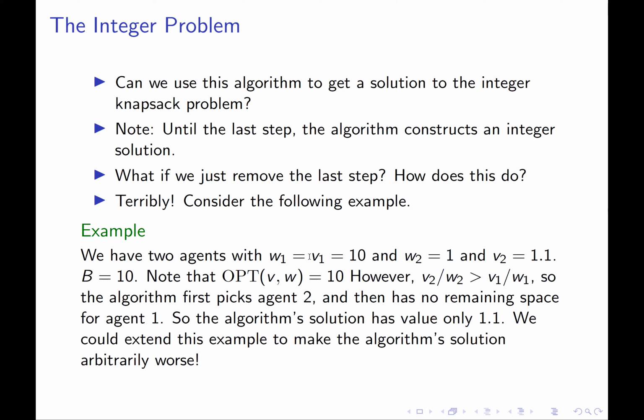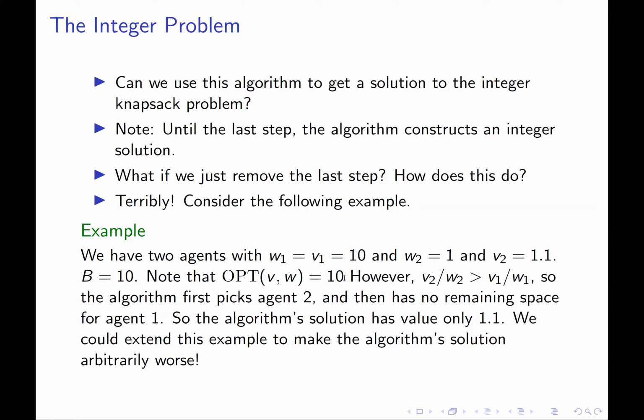And we've got another bidder whose size is only 1 and whose value is 1.1. So he also fits into the knapsack with 9 more units of space to spare, but there's not enough room for both bidders in there. And so the optimal value of this knapsack problem is obviously 10, right? I can only put one of these 2 bidders in, and so obviously I'll put the one that has value 10 in, not the one that has value 1.1.